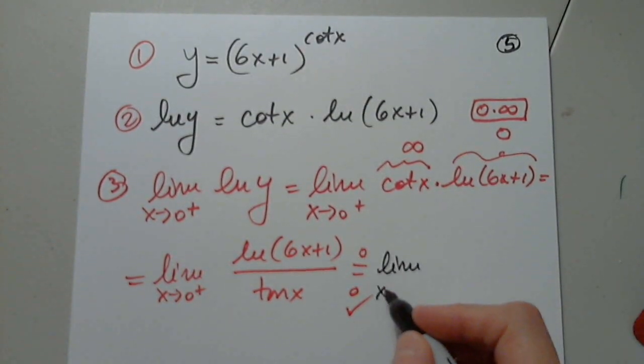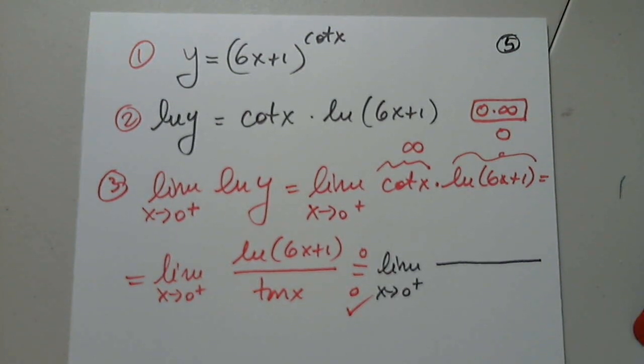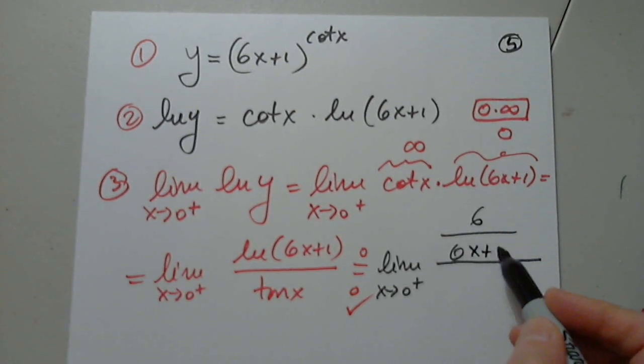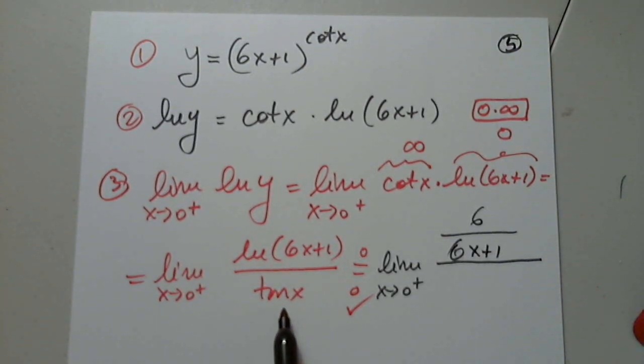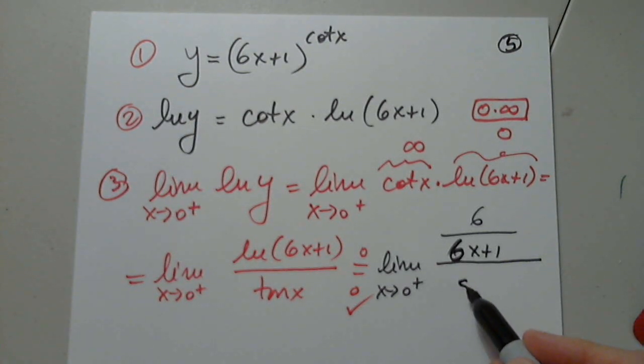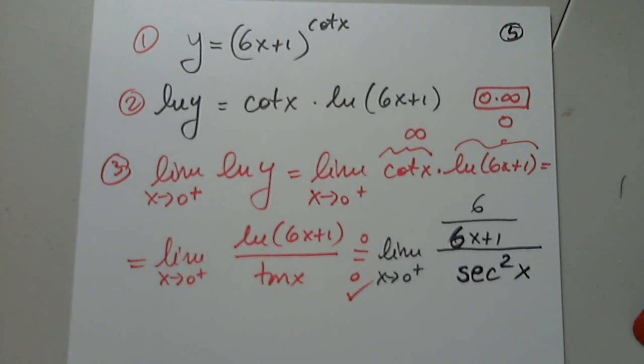Can anyone apply L'Hopital's rule for the top? It would be 6 over 6x plus 1. Yes, excellent. And can anyone apply L'Hopital's rule to tangent? Secant squared x. Very good. And it's done. How come?